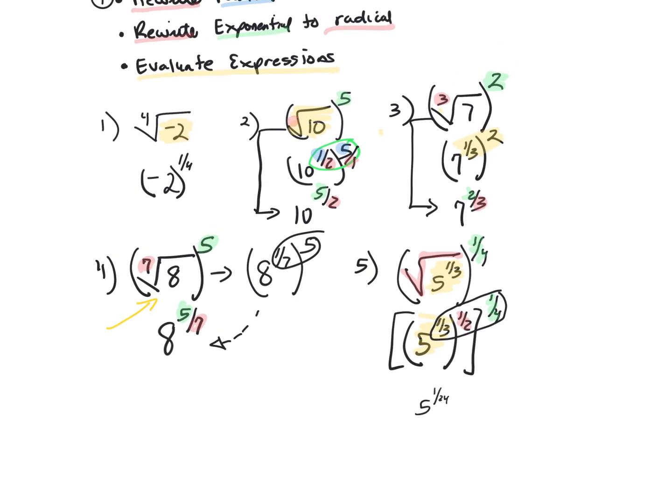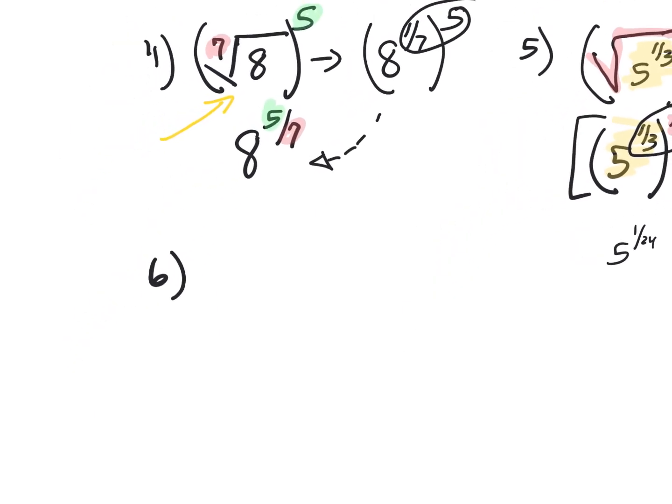So just going from radical to exponential. What if I have the negative fifth root of n squared?